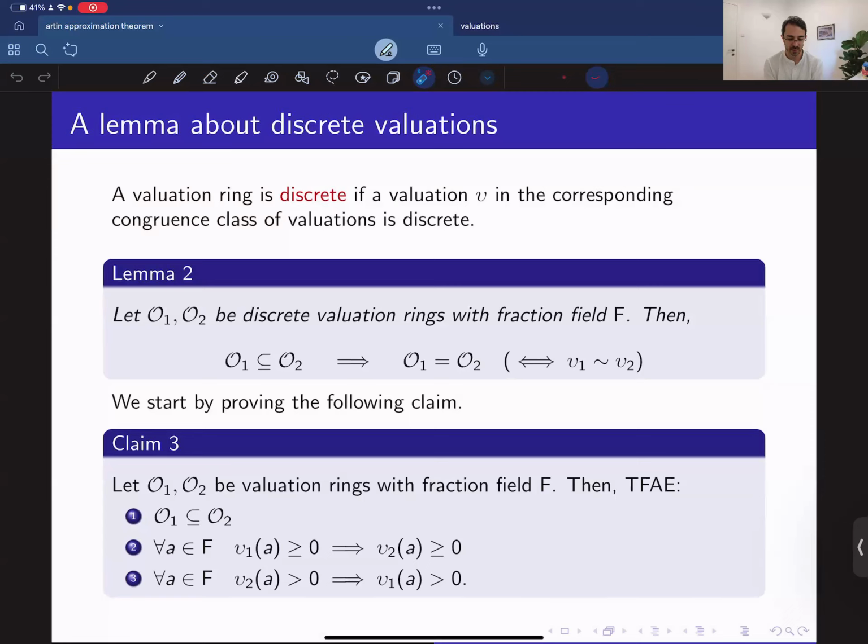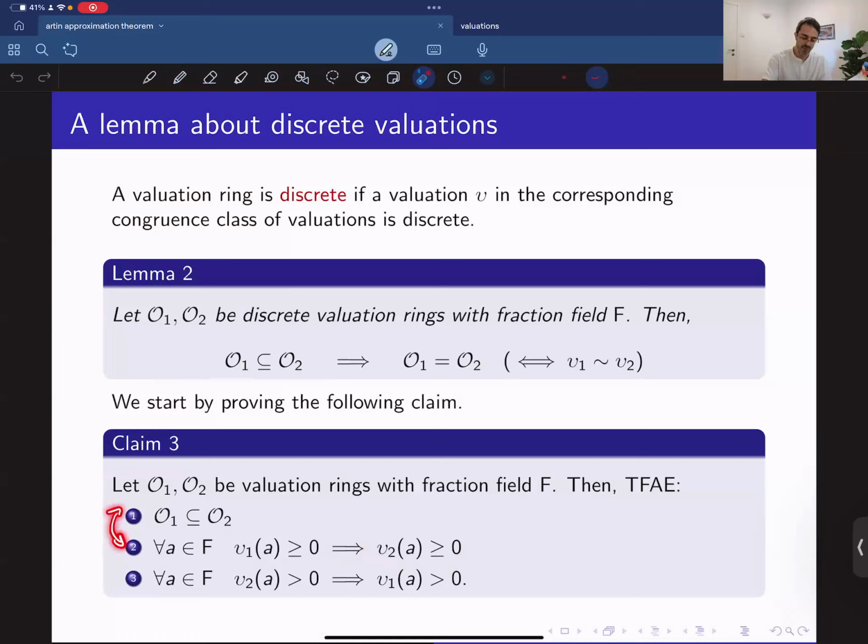It says that, let's say you have two valuation rings with a fraction field F, then the following three properties are equivalent. First is the property that appears here, like one of the rings is a subset of the other. Second, which is actually immediately equivalent to 1, it's just a way of writing it more explicitly, is saying that for every element A in the field, if V1 of A is larger or equal than 0, then also V2 of A is larger or equal than 0.